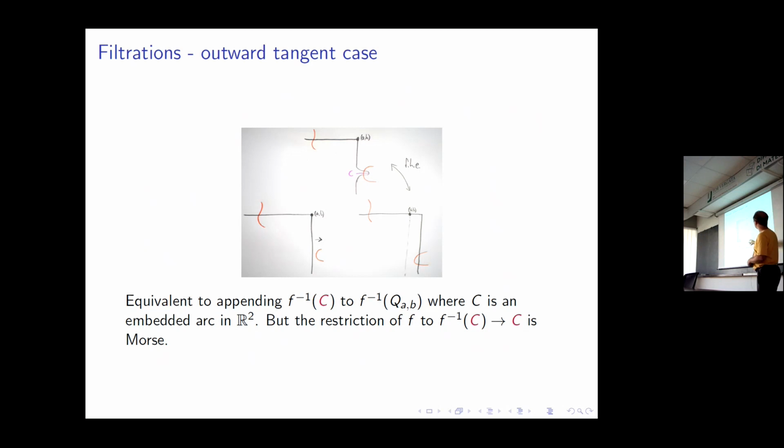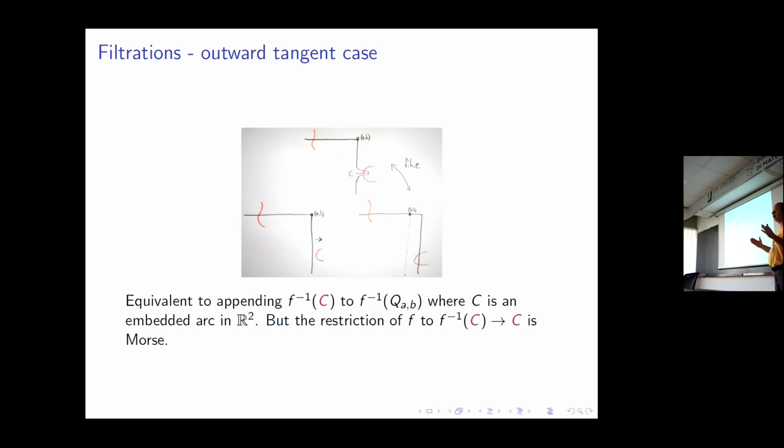Well, if you think about this 2 Morse function and you restrict it to that purple line there that I call C, the F restricted to that preimage of C mapping to C, by the definition of a 2 Morse function, and this is a fold singularity, this map is literally just a regular Morse function, thinking of C as an interval in the real numbers.